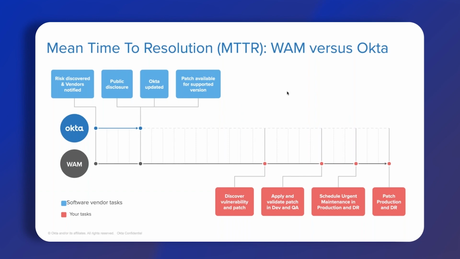So we took a stat from the EdgeScan vulnerability report, and it shows that the average time to fix or mitigate a vulnerability discovered in an application web layer is 77.5 days. 57% of breach victims were breached due to a vulnerability for which a patch was already available.